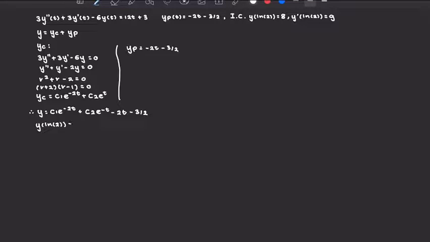y of ln 2 equals 8. And so let's use our general solution right here by applying the values within it.